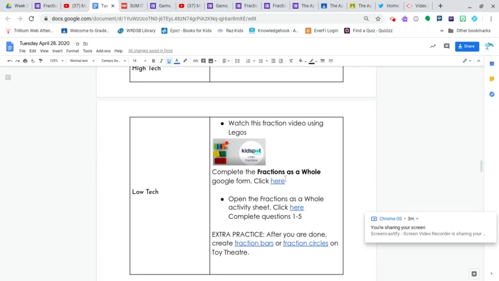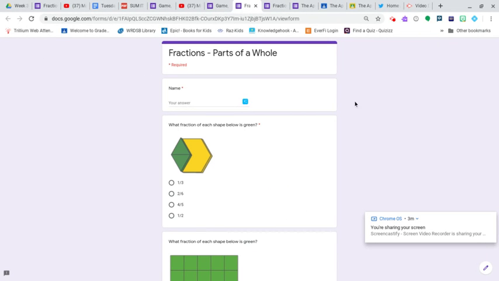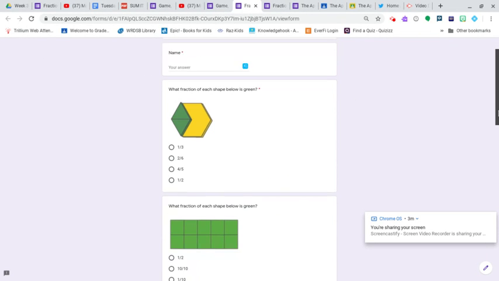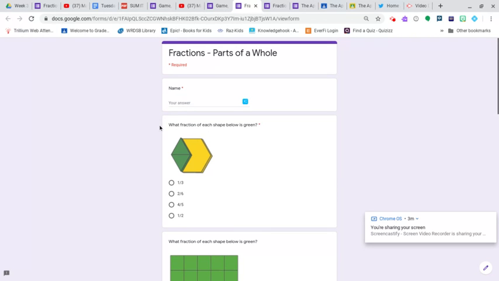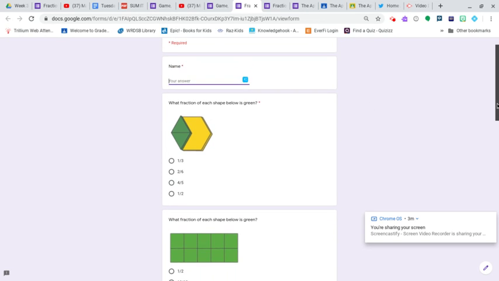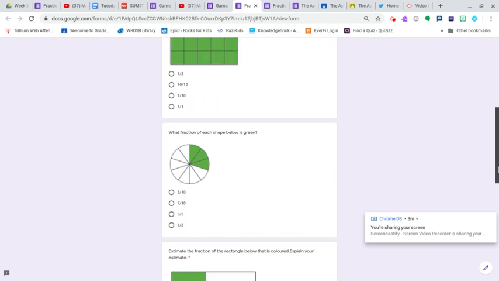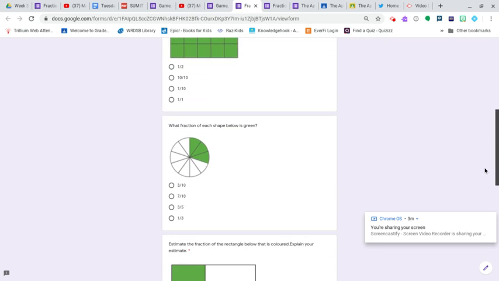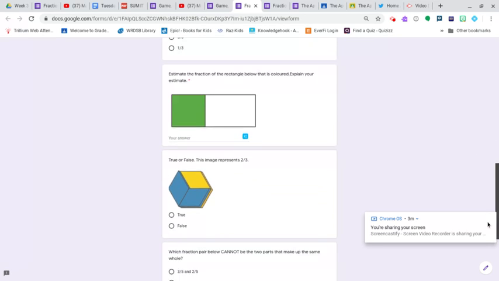Complete the fractions as a whole Google Form. If you click on this, it will take you to this, and it is a 5-point quiz. In other words, I want to get an idea of how well you do. There are 5 questions that have points on them, and 2 of them do not. Take a look at these, pick the right one, and read them very carefully.